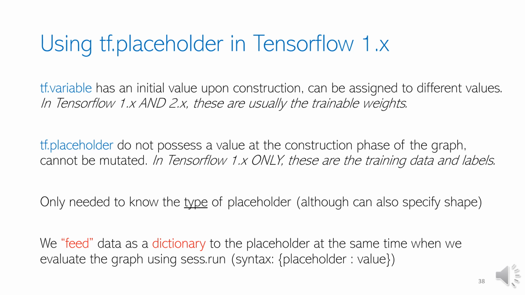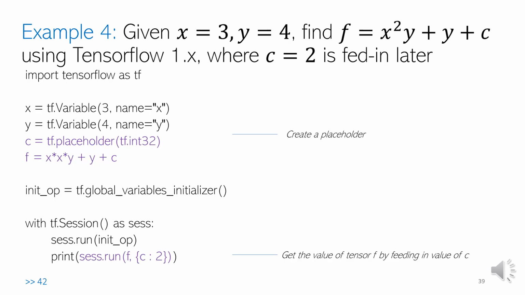Let's see what that means. In our simple example, let's say f is x squared y plus some constant value c. And we don't have c at the beginning, and we want to feed c into the graph later. What we do is we first, like before, instantiate the variables x and y with their initial value.